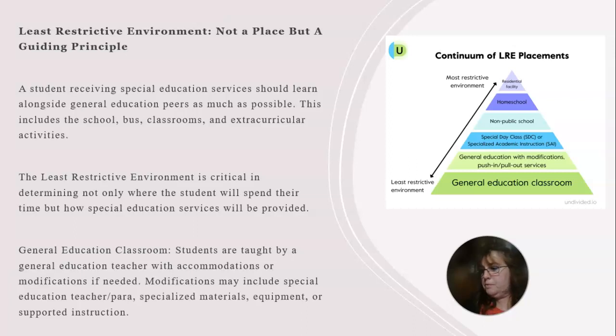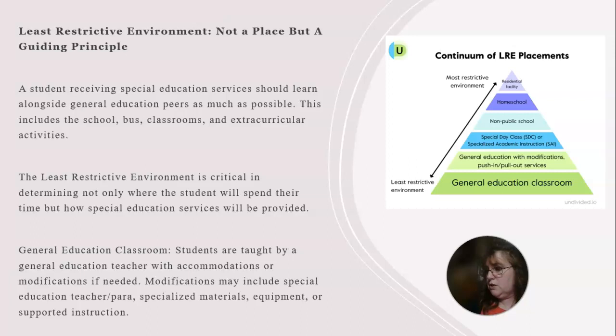So, since the placement options are fluid, students might receive some services in one environment, such as the general education classroom, and other services in a different environment, such as the resource room or a SPED classroom with a SPED teacher or a paraeducator. And that's otherwise known as pull-out times. So the placements can change as students progress or their needs either develop or diminish.